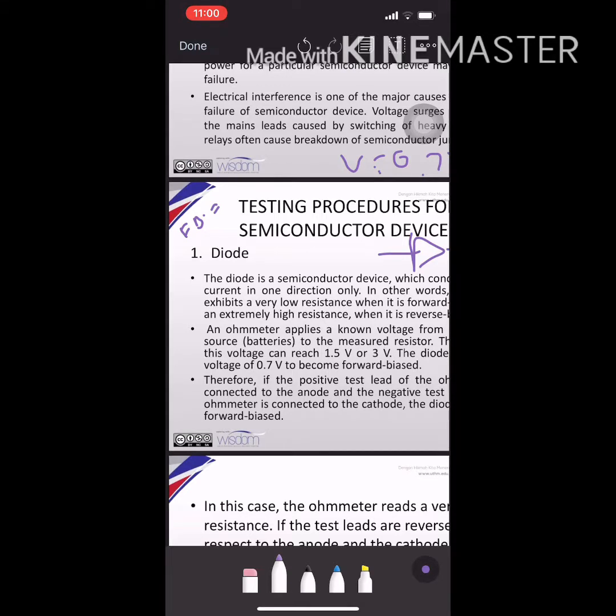Tapi bila di dalam keadaan reverse bias, the value of the resistance of the diode will be high. Okay, so when we use the ohmmeter to test the diode, we can know the value of the resistance.